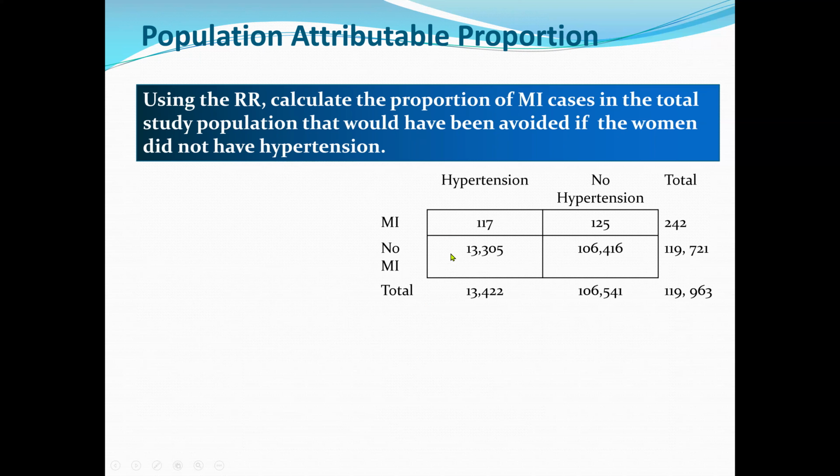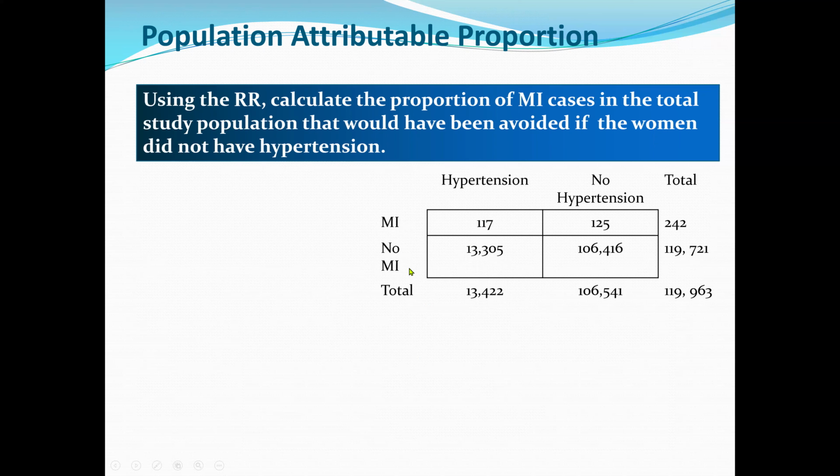We had women with hypertension, 13,422 in total, and 117 of them have MI. If we subtract 117 from 13,422, we get 13,305 women who don't have MI.